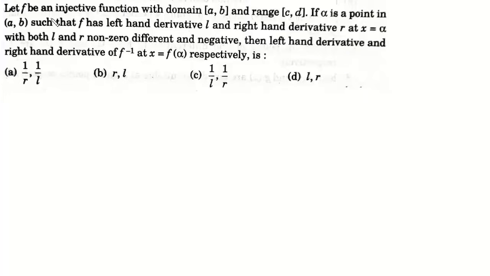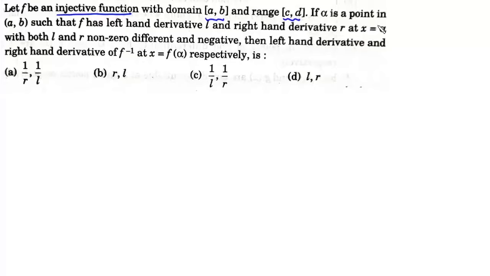In this video, we'll discuss a very interesting and unique problem in differentiability. Now it says that we are given a function f which is an injective function, that is it is 1-1 in the domain a to b and range c to d.